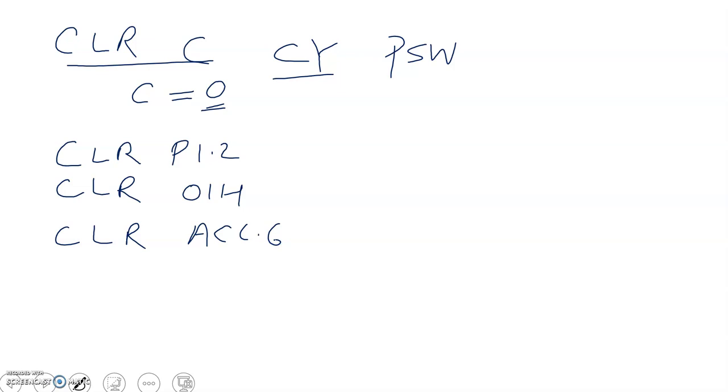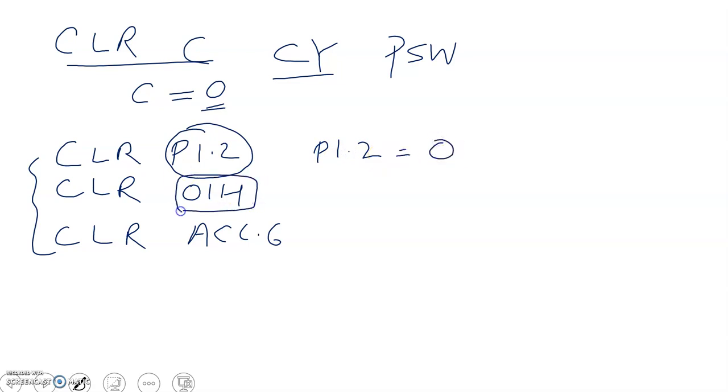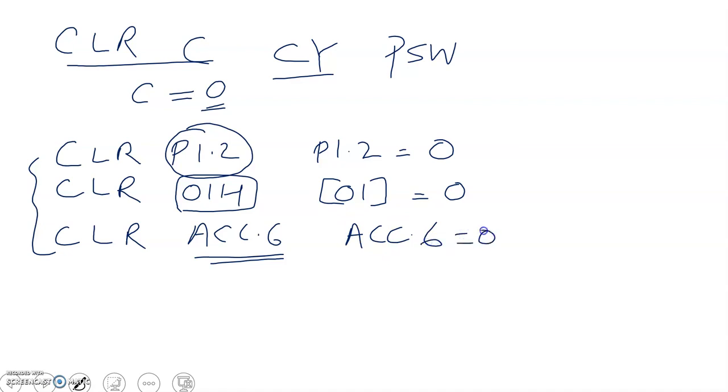All these are clear instructions. This is port 1 bit 2, so it will make bit 2 of port 1 equal to 0. Similarly, this is a bit memory address, so this address will become 0. Then the sixth bit of the accumulator will become equal to 0, so ACC.6 equals 0.